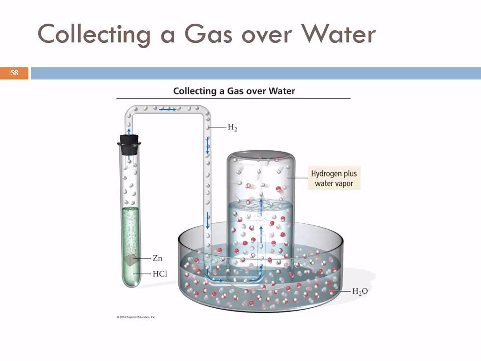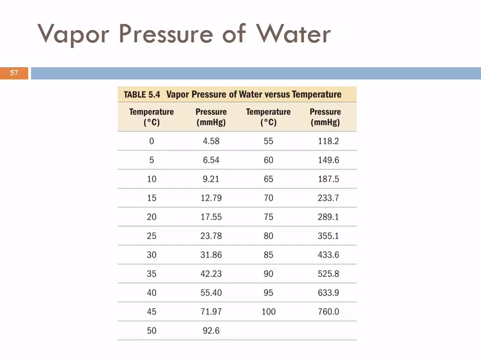This one doesn't give me all the information I need. Now, you do not need to memorize this table. If you need this information on an exam, I'll give it to you. So at 25 degrees, that's the temperature, it's 23.78 millimeters of mercury.